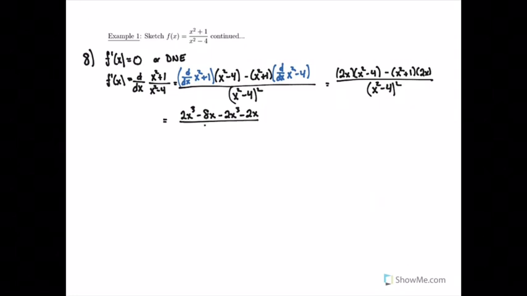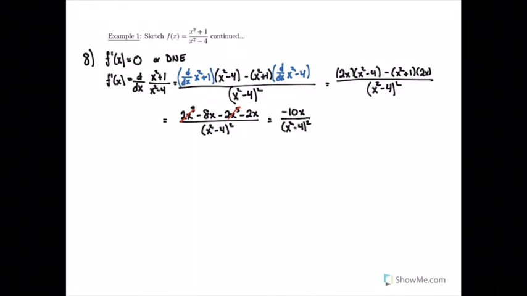I'm going to leave this x squared minus 4 squared as is, as we're not going to deal with it that much. We're thinking about finding critical points. The 2x cubes cancel out, and we are left with negative 10x all over x squared minus 4 squared.